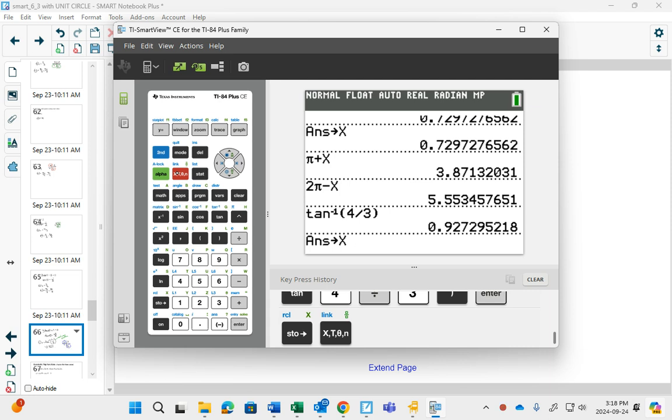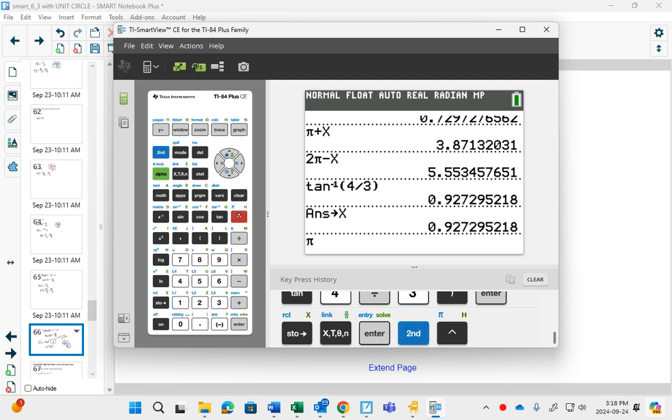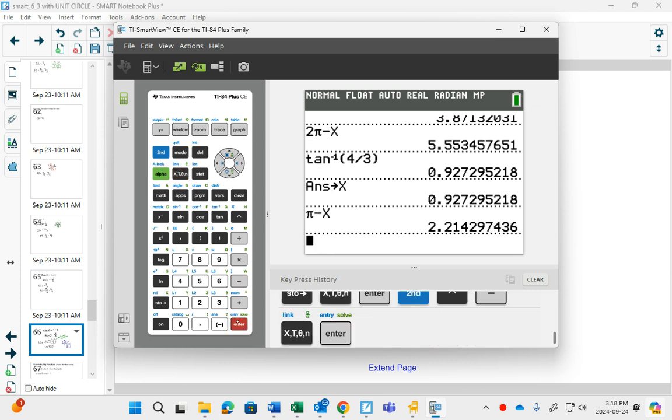You can hit alpha A, alpha B, alpha C, store it as any letter you want. But now, whenever I type X, it types in that whole number for me, plus 16 other digits or something that it's memorized. So if I want to find my answer in quadrant 2, I would go pi minus my reference angle, and I get 2.214.